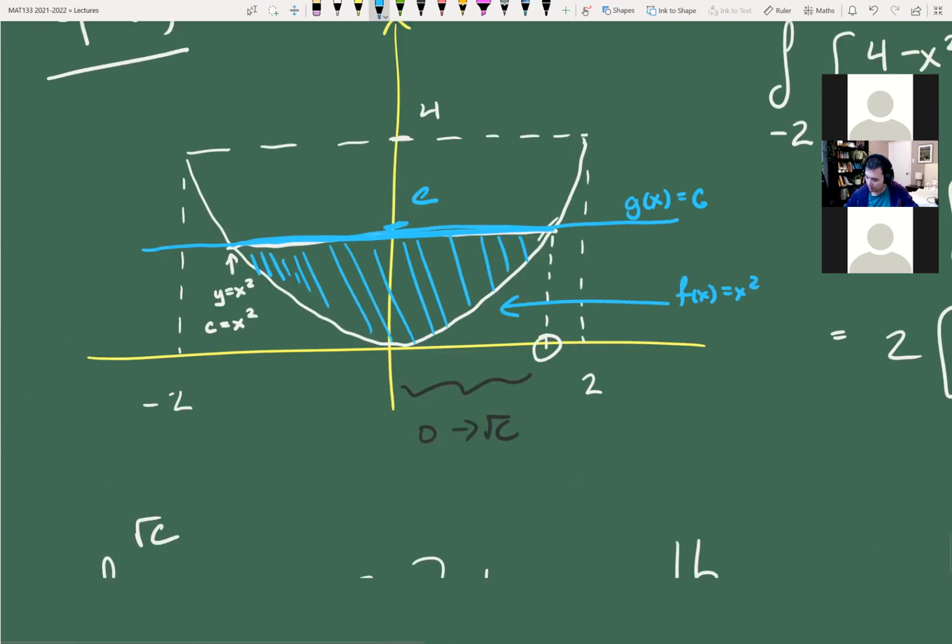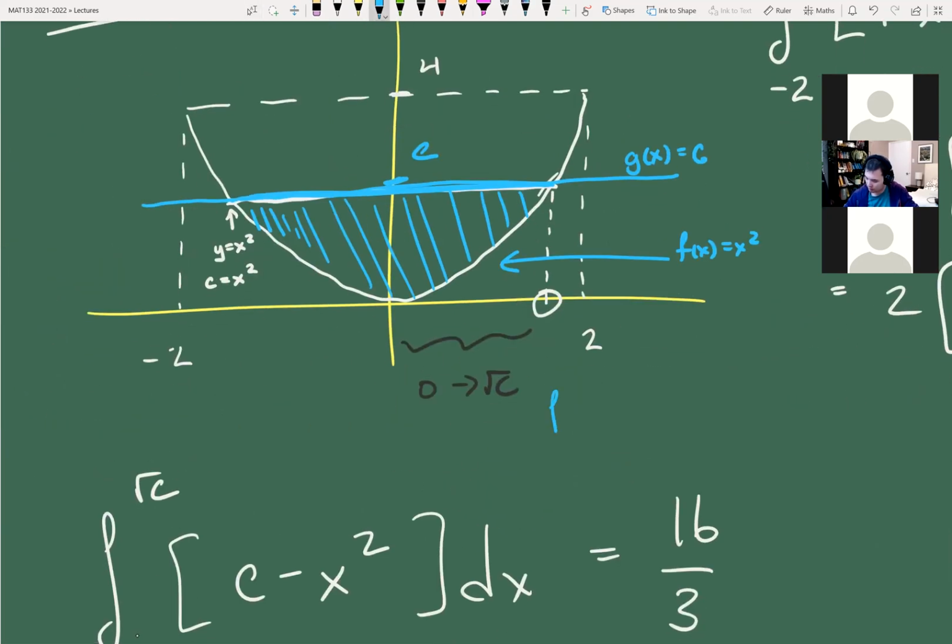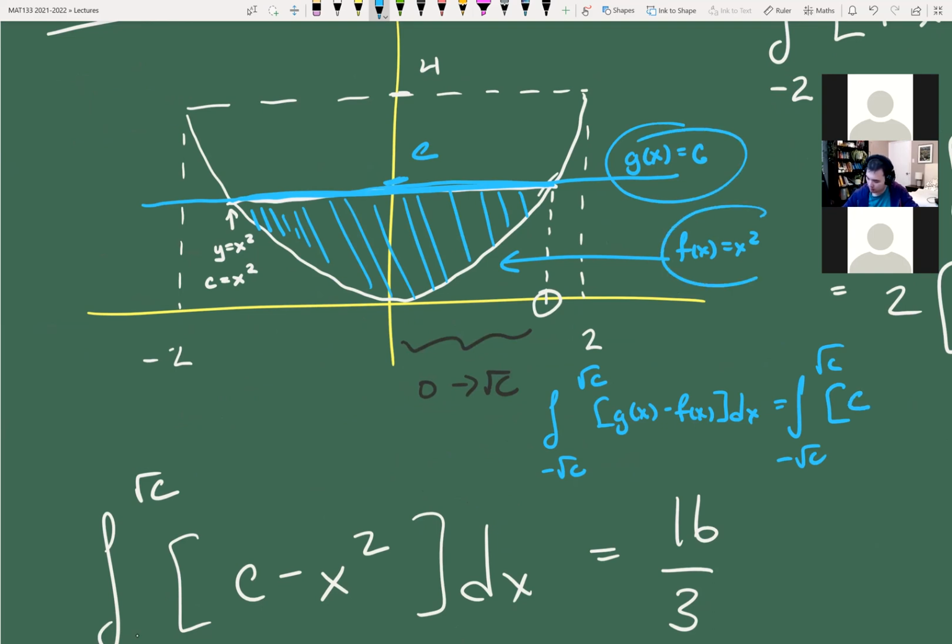So when I want to find the area between two curves, we do the integral from the lower bound to the upper bound of g of x minus f of x dx, right? And my upper function is just c. My lower function is x squared. And that's how we get that.